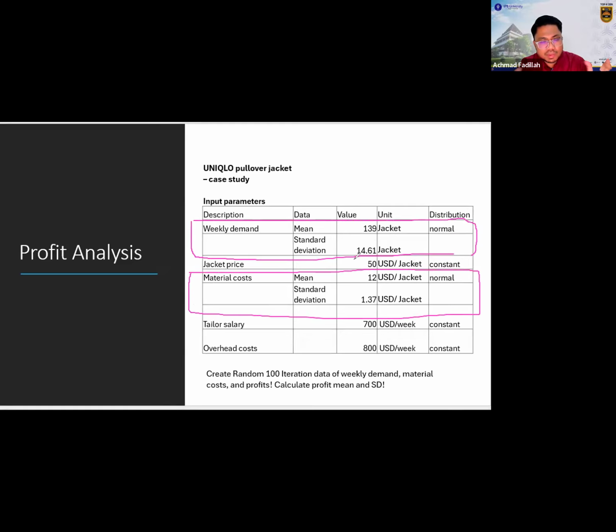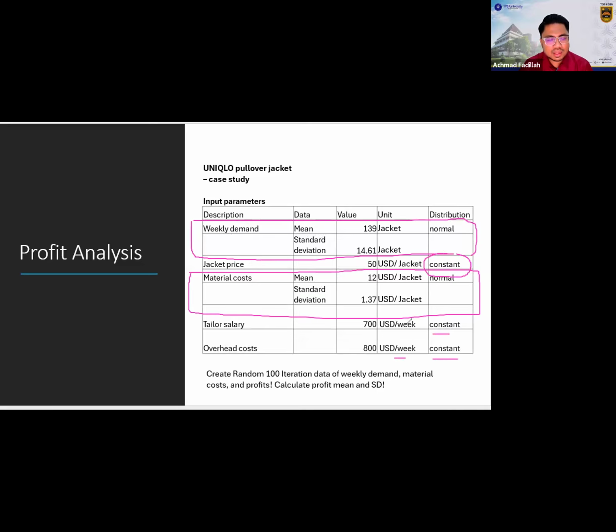During this moment, the price itself is stable at 50 USD per jacket, meaning it's constant. Besides that, the weekly demand has a fluctuation, and the material cost is also fluctuating. The other costs like teller salary and overhead costs are constant every week.